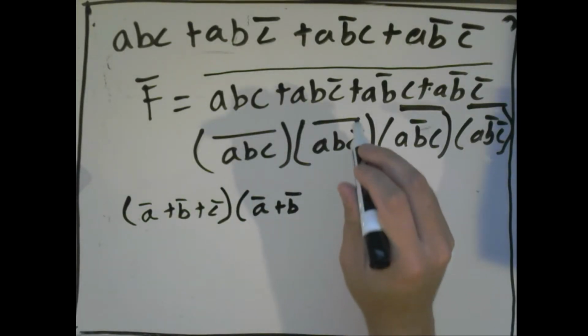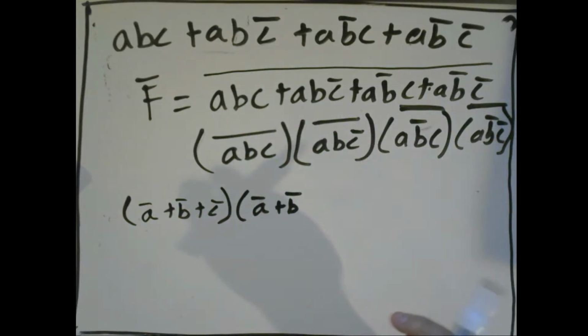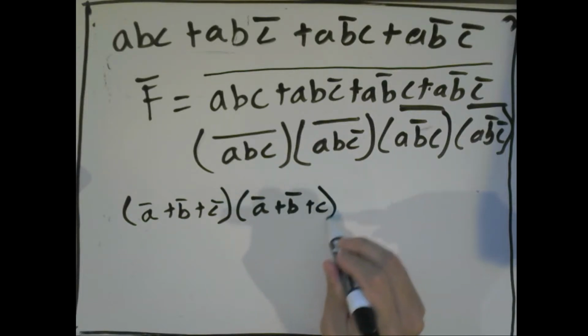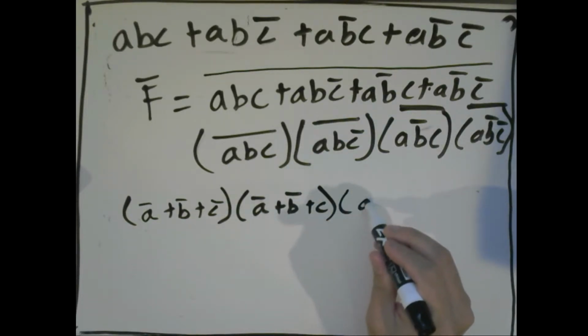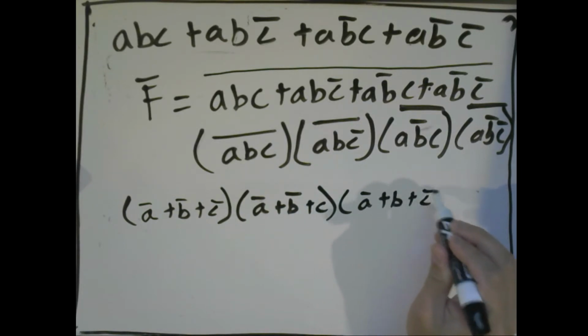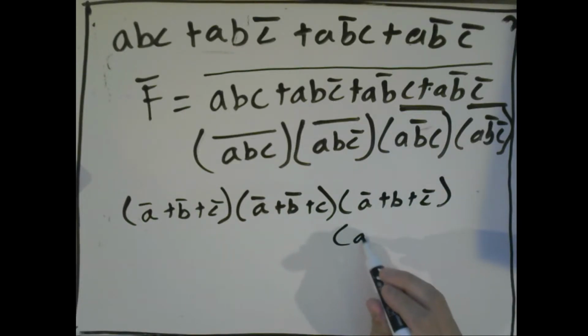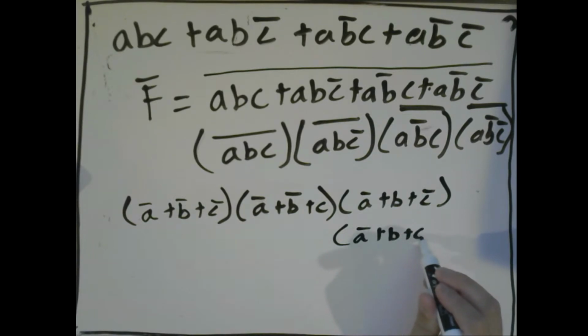On this term, if I break apart this bar right here, it's going to do a double invert. So that's just going to be C instead of C naught. And same thing with this B right here. And then this is ANDed. So we end up with something like this as our POS equation.